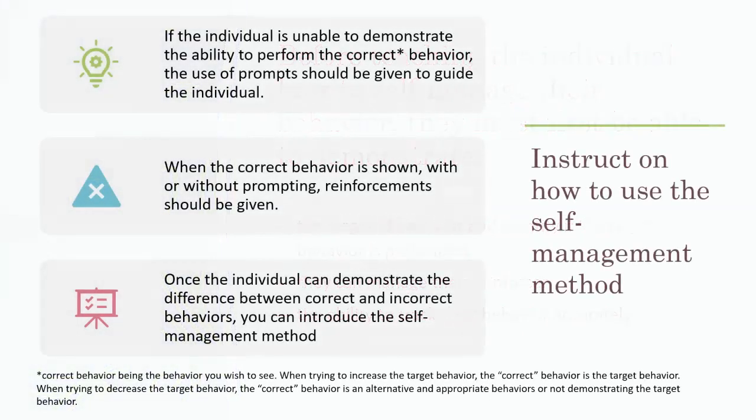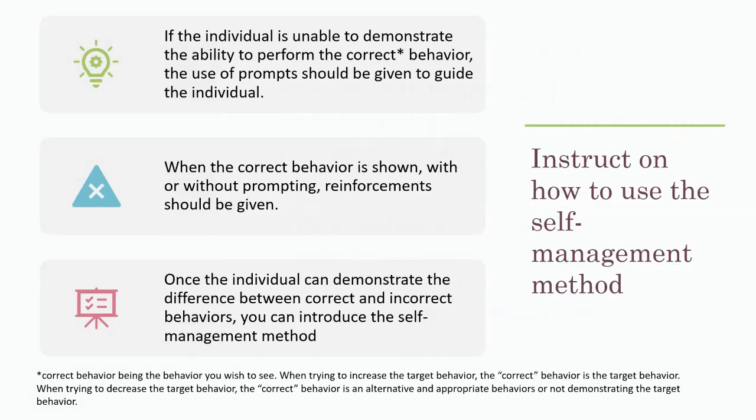If the individual is unable to demonstrate the ability to perform the correct behavior, prompts should be given to the individual. In this situation, the correct behavior is the behavior you wish to see. When we're trying to increase the target behavior, the correct behavior is the target behavior. When we're trying to decrease the target behavior, the correct behavior is an alternative and appropriate behavior or not demonstrating the target behavior.